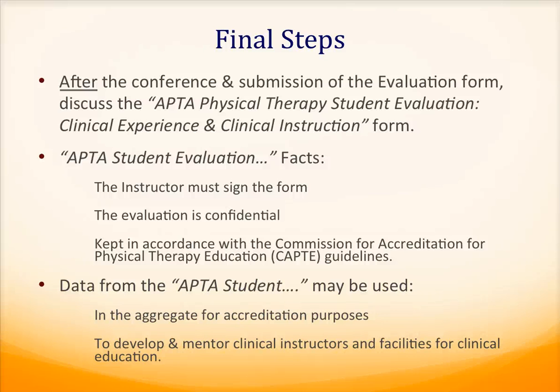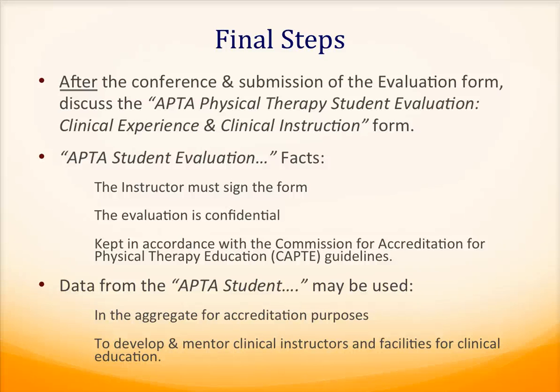After the conference and submission of the evaluation form, discuss with your student the APTA Physical Therapy Student Evaluation, Clinical Experience and Clinical Instruction form, which is an evaluation form the student has completed on his or her experience at your facility. A few facts about this APTA form are as follows.